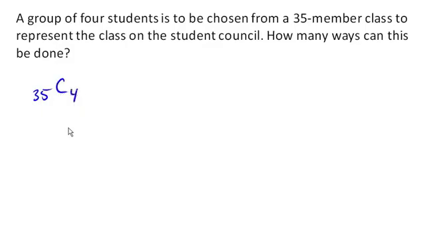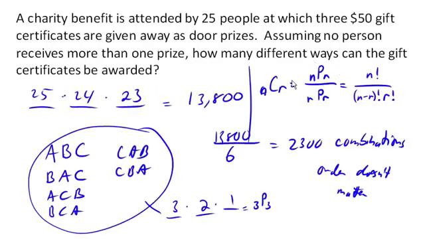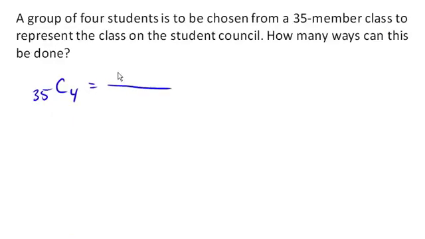So, using our first version here, the permutation version, we're thinking from 35, how many different ways can I pick 4 people if order did matter? And then I'm going to divide that by the number of ways of ordering 4 people. So from 35 people, I need to pick 4, so I've got 35 choices for the first person, 34 for the second, 33 for the third, and 32 for the last choice.